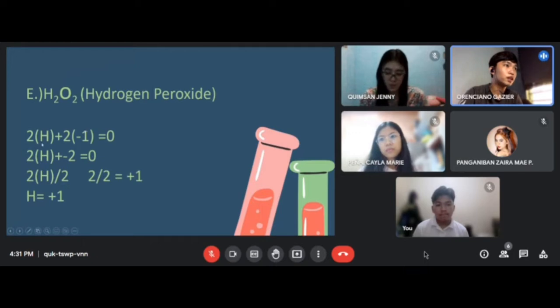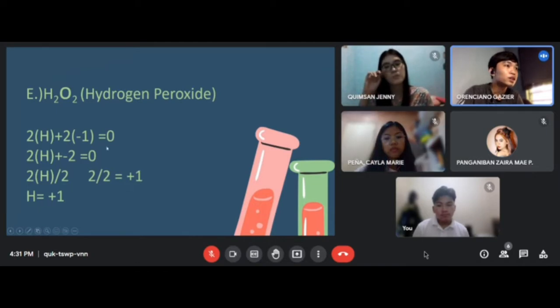So find the H. So 2H plus 2 times negative 1 equals 0. Then 2H plus negative 2 equals 0. We transpose, and it becomes 2H over 2 equals 2 over 2, then we cancel out the 2 and 2.